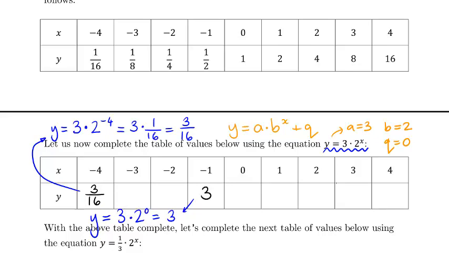Okay? Whoopsie, Mr. Marie, you are being a silly person. This value is 3 over there. Okay. Let's just make sure we're nice and accurate like that. I think the last one we did with the classic exponential function was to see what y was when x was equal to 3. So y this time will equal 3 times 2 to the 3. We already know that 2 to the 3 is 8. So 8 times 3 is 24.